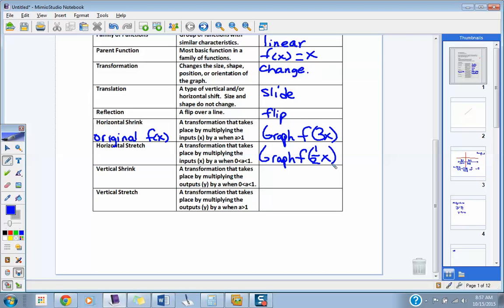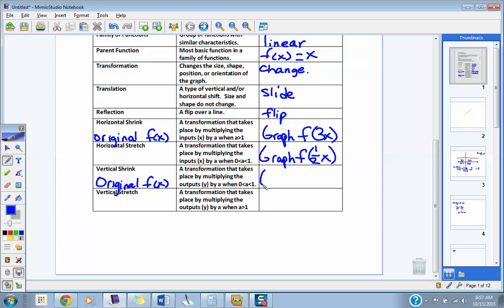Just as we have horizontal shrink and horizontal stretch, we also have a vertical shrink and a vertical stretch. And quickly, just to show you what's going on here, vertical shrink is any transformation that takes place by multiplying the outputs by a value between what and what again? So if the original is f of x, an example of what a vertical shrink would look like would be the following.